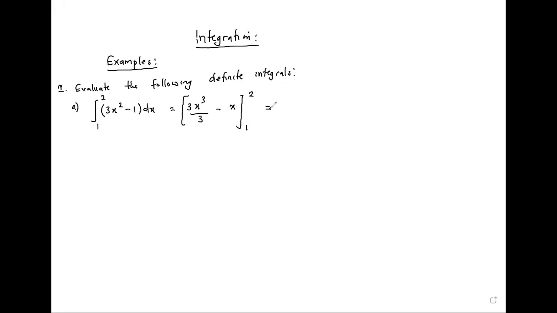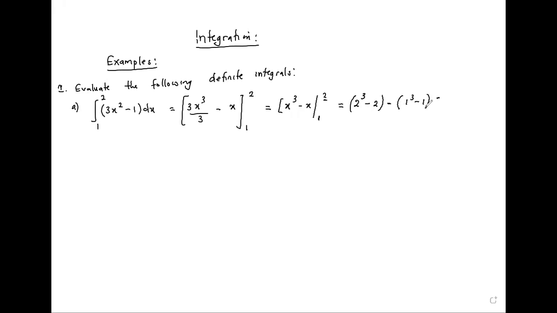If we simplify inside, we'll get x to the power 3 minus x, running from 1 to 2. The next thing we do is take 2 and substitute throughout where there's x. So we have 2 to the power 3 minus 2, minus, we take 1, we have 1 to the power 3 minus 1.